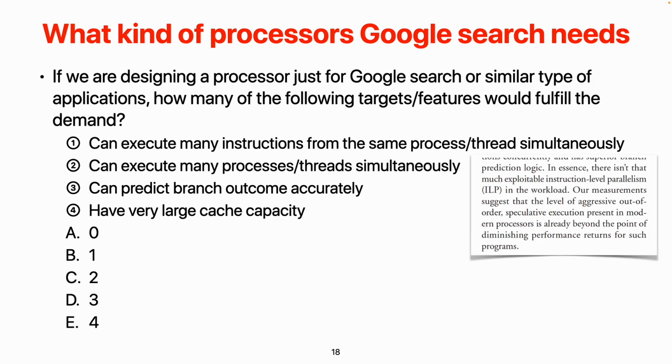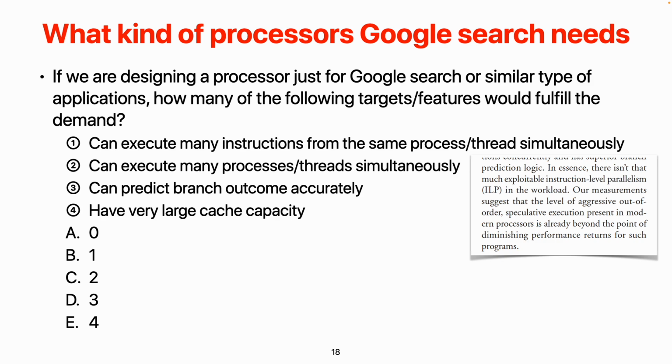Diminishing returns, right? So there isn't that much exploitable instruction level parallelism. It's actually talking about how the program itself doesn't have instruction level parallelism. So why do you need a processor with a lot of instruction level parallelism?